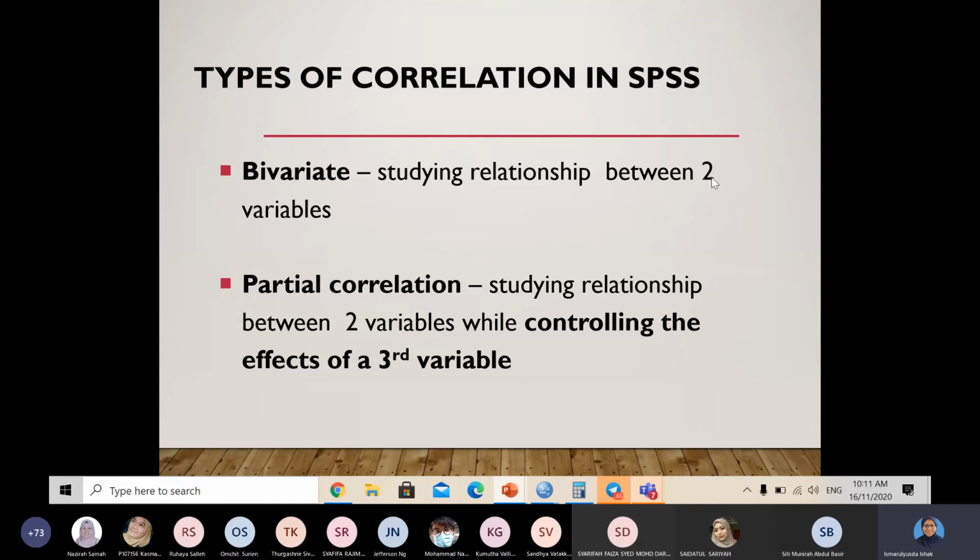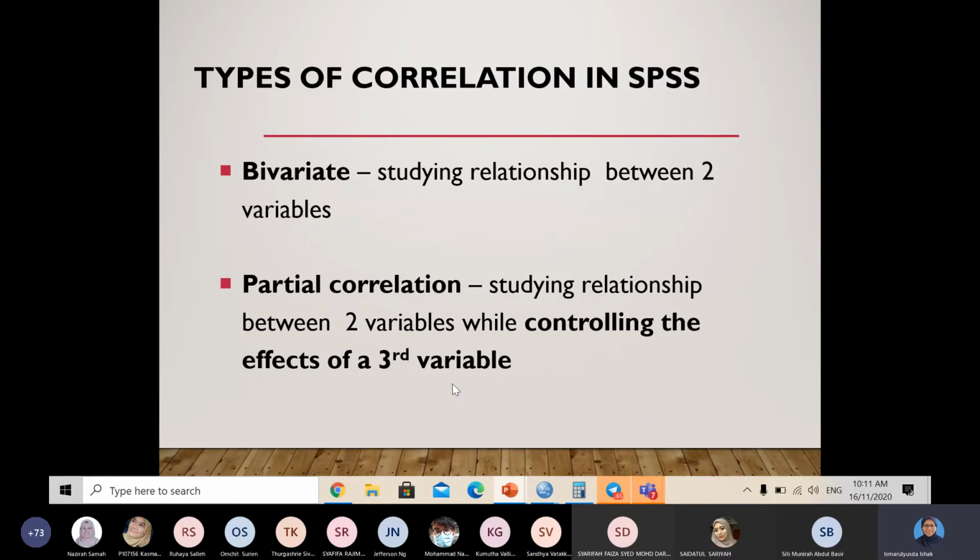Okay, actually in correlations you have two types. Okay, bivariate and partial. Okay, bivariate correlations. If you are doing bivariate Pearson correlations, you are just studying the relationship between two variables. But if you are doing the partial correlations, you have two variables, but you control the effect of a third variable. Okay, this is the extra from bivariate.